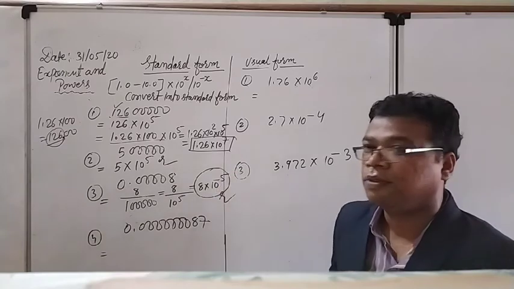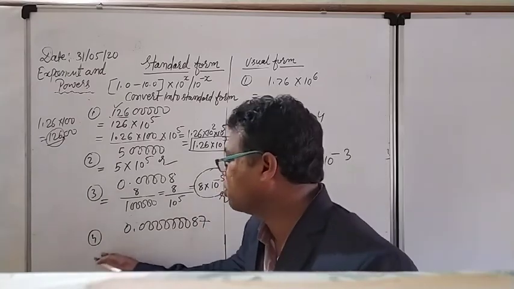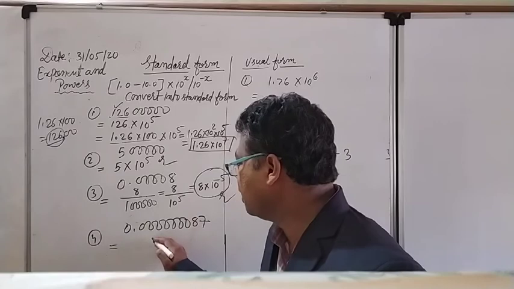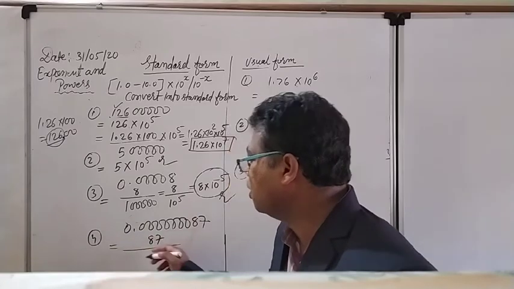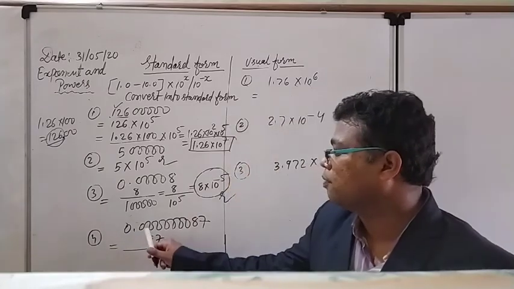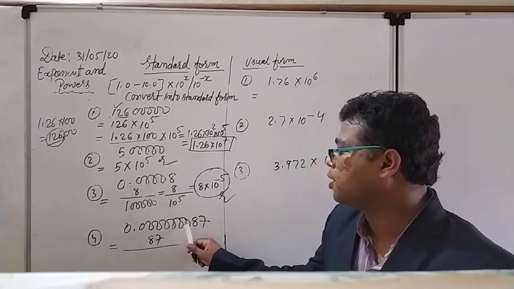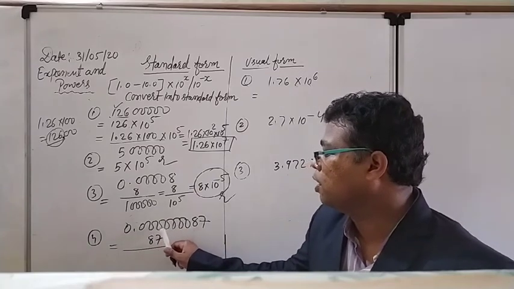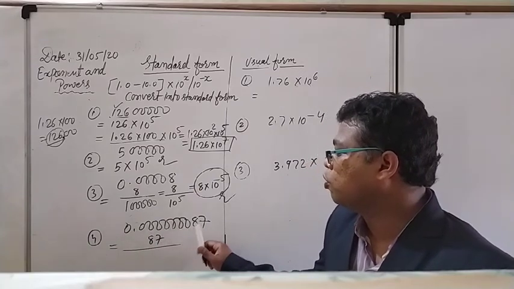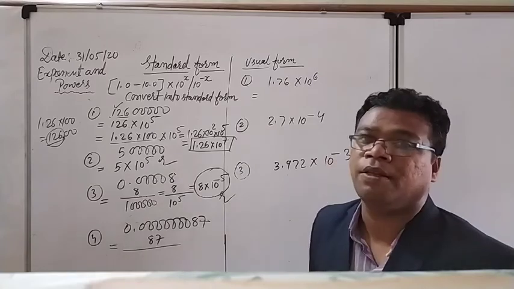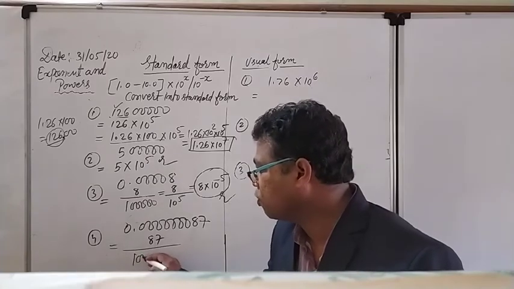See, the same thing I will solve here also. This can be written as 87 upon, count, after the point how many digits are coming, 1 2 3 4 5 6 7, then 70, 2 more digits, so 9. So after the 1, how many zeros will be there? 9.